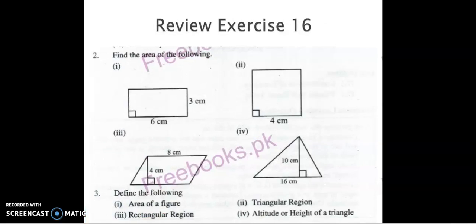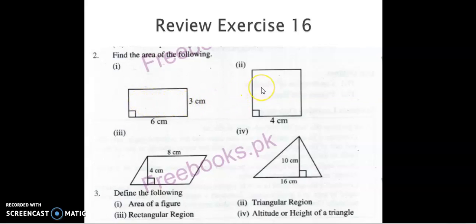review exercise 16. Find the area of the following given figures. As you can see, in the first case, the length is given, that is 6 centimeter, and the width is given, that is 3 centimeter. It is basically a rectangle.